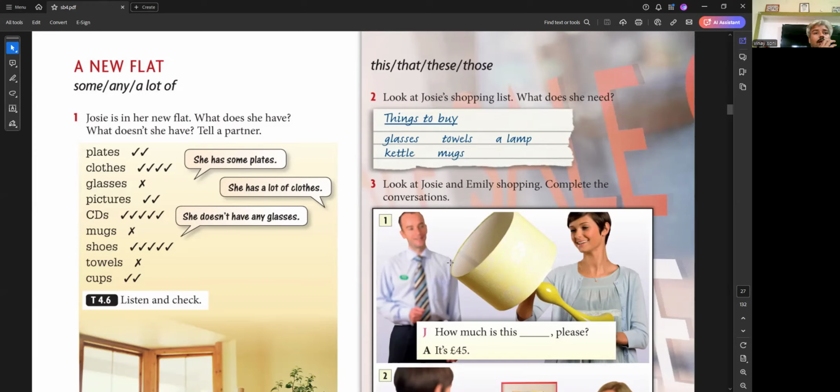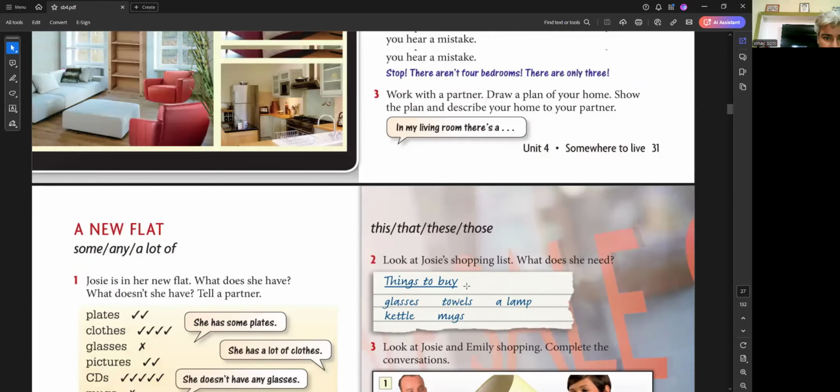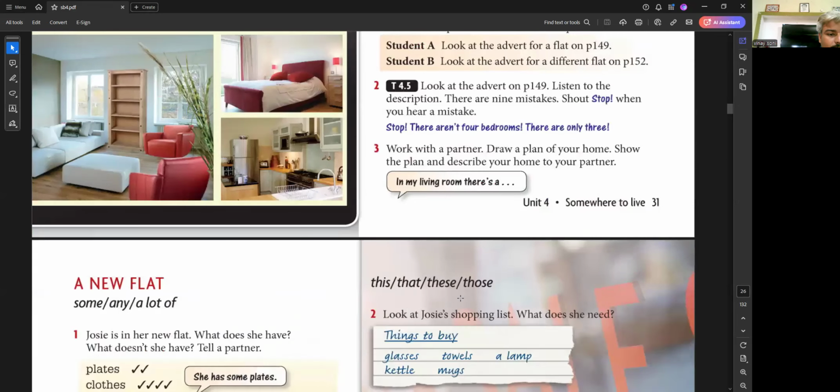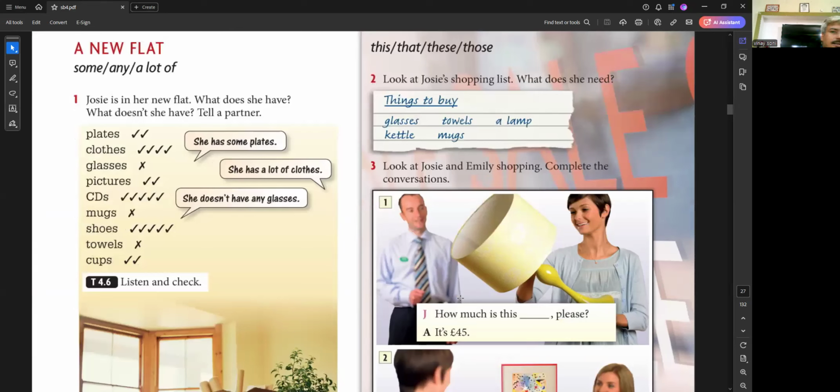So now Josie found a flat in Queens Road. We know about the flat as well. There are 2 bedrooms and everything. There isn't a dining room. We saw the photos on page number 31. Now she has moved into her flat.